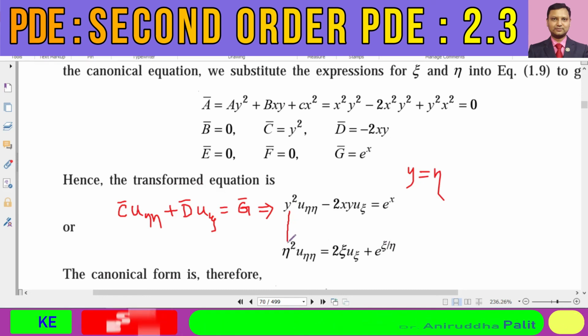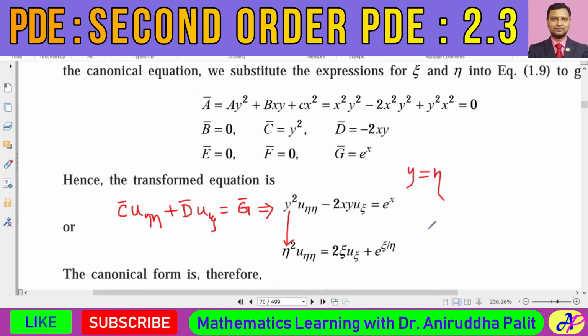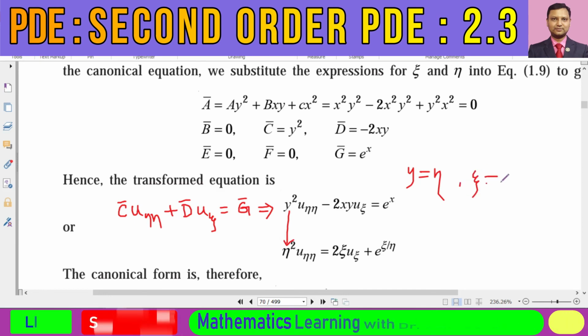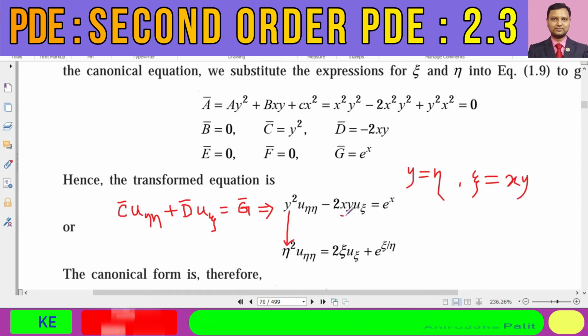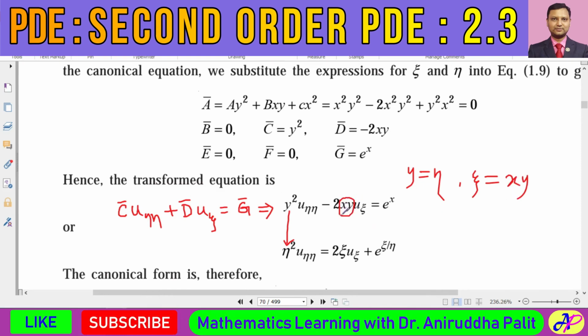So y square is being written as eta square, and what was xi? Xi was equal to x into y. Therefore this expression xy has to be converted into xi.